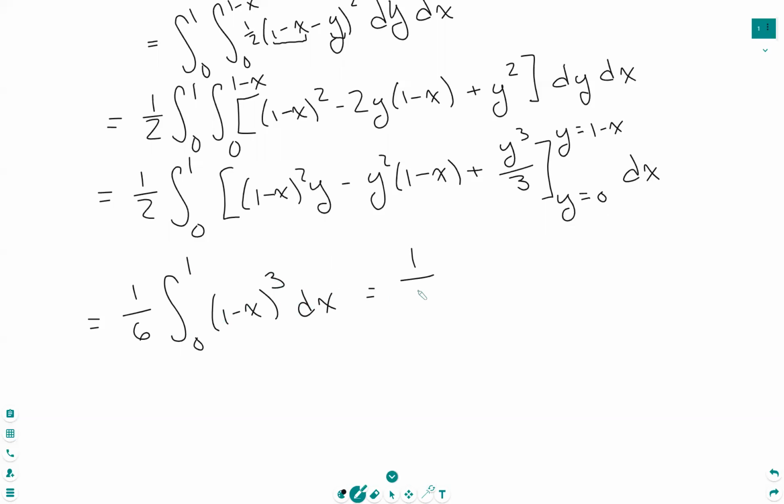This ends up being 1/6, and then negative 1 minus x to the 4th over 4, x equals 0 to x equals 1. We can go ahead and plug that in. Notice when we plug in the x equals 1 term, we get 0 here. But our actual contribution is from the x equals 0 term. This becomes 1 over 24. Okay. That was our first triple integral.